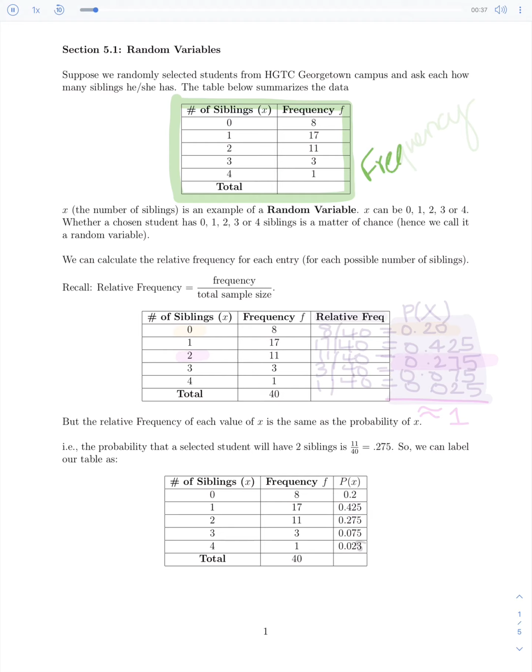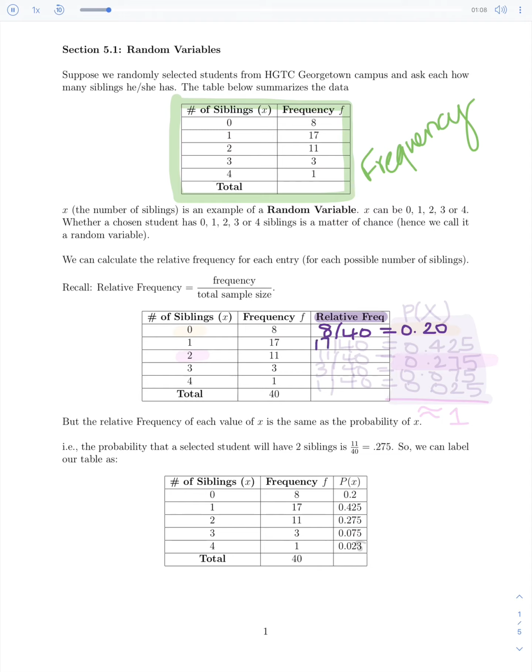And remember, we've done stuff with this before where we find additional parts to our table, such as relative frequency. We've tacked on a whole section of our table called relative frequency by doing things like the following. To find the relative frequency, we did, let's say, 8 over 40, which got us 0.20. A lot of times we turn them into percentages, but let's just leave them as a decimal.